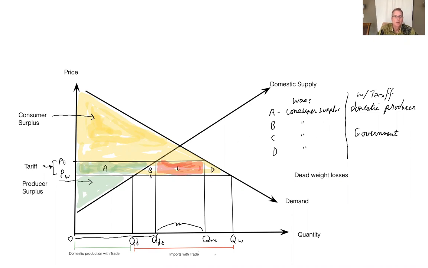And B, if you think about it, is tofu that is inefficiently produced because the domestic producers are producing it only because the price is above the world price. And so they're manufacturing this in an inefficient manner compared to what the international competitors can do, because the international competitors can produce it at this price and sell it at that price. So we'll call it a dead weight loss.